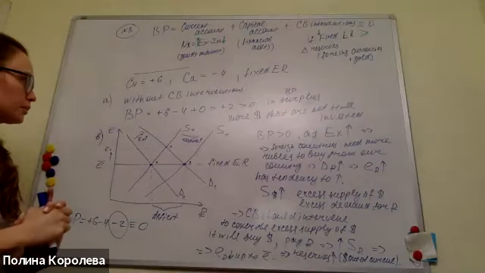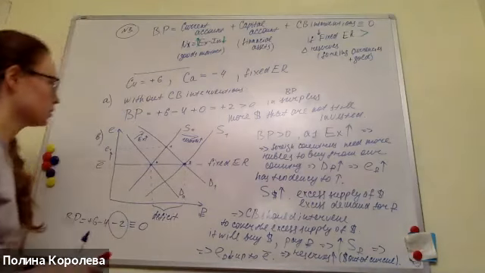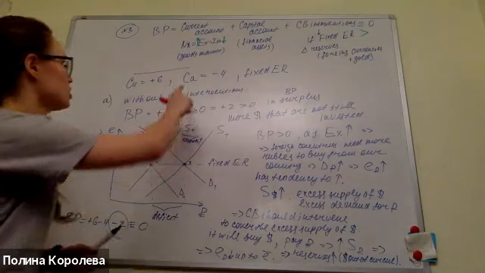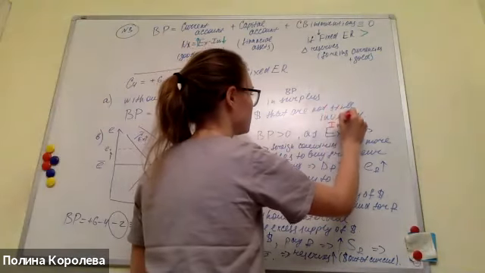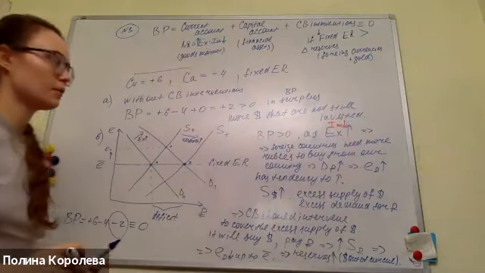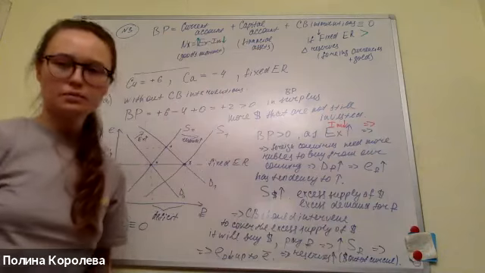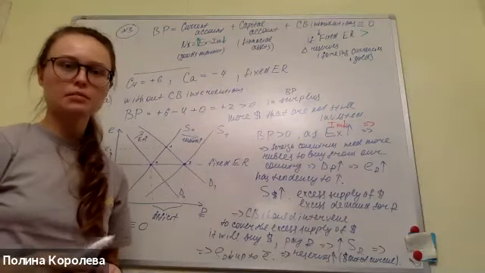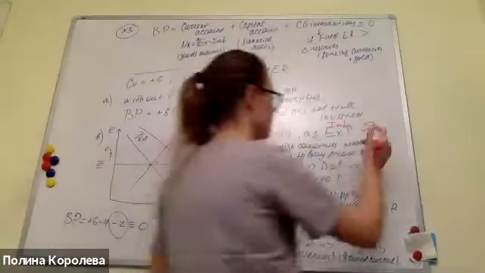So what else? Also, you can explain this through a change in import. If you have a decrease in import, what will happen? If we now import less, that means that we need fewer dollars, so the demand for dollars will decrease.